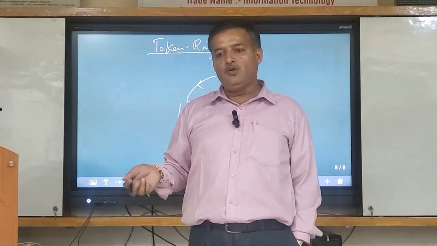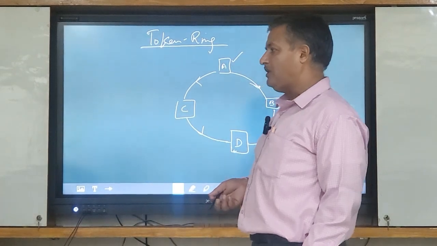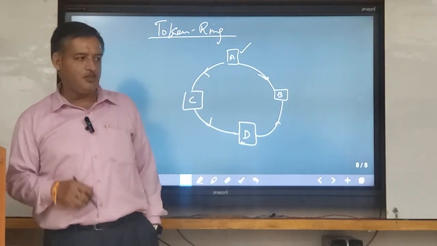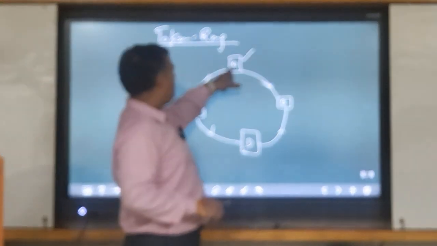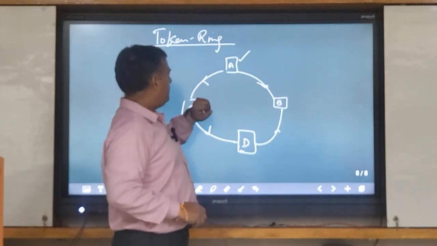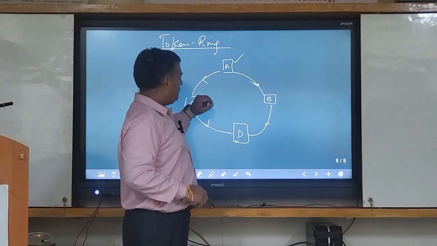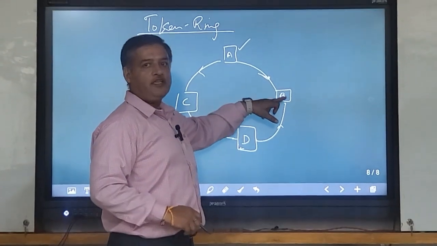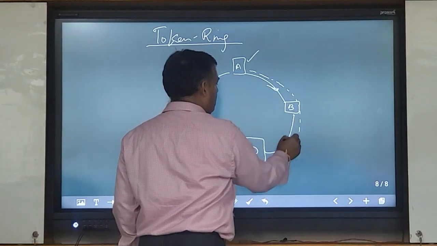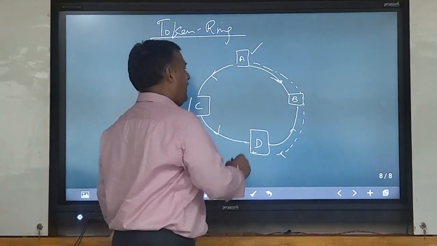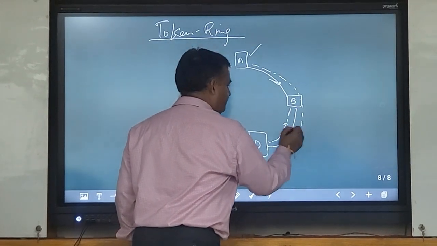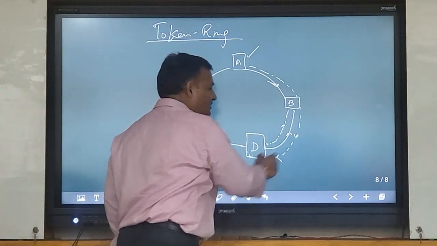Similarly, D can also send data to a different destination, maybe A, C or B, wherever it is possible. But there is a situation: when a computer wants to send data to B or D, at that same time D also wants to send a signal to A. That means the transmission is A to D, and D is again sending a signal to A, and this is the common path.